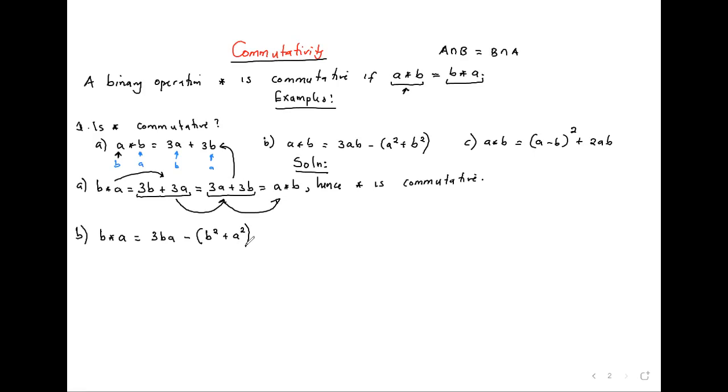If you compare, you can write this as 3ab minus a squared plus b squared, which is the same as a star b. Hence, star is commutative.